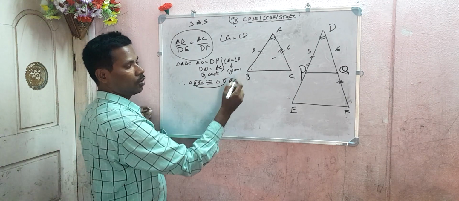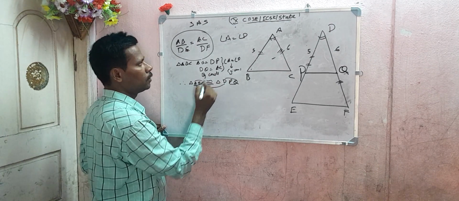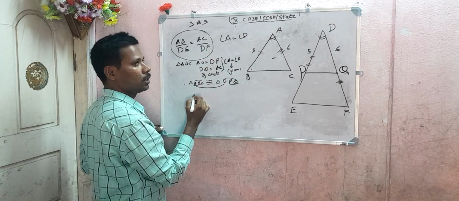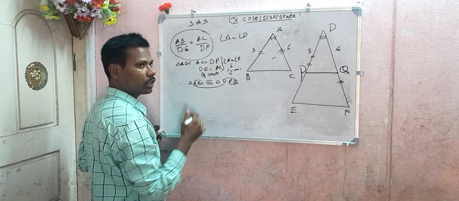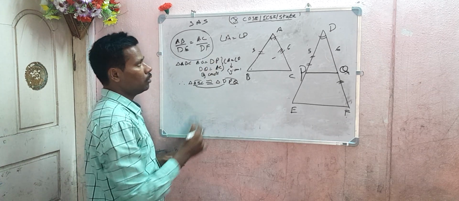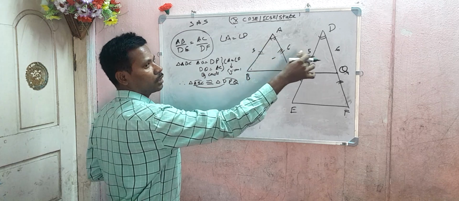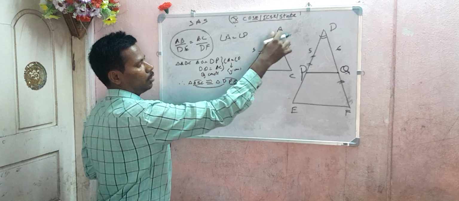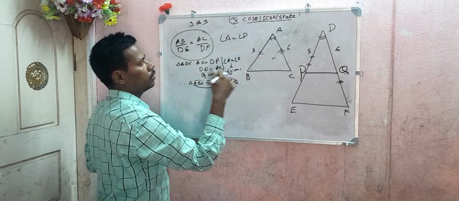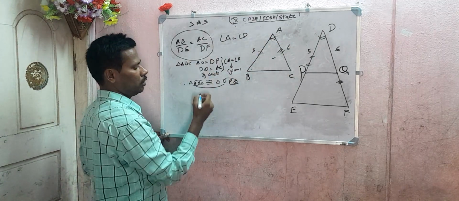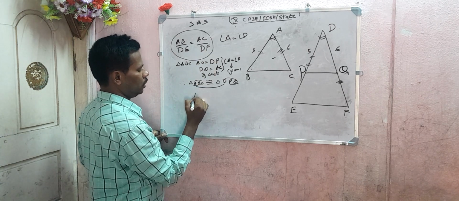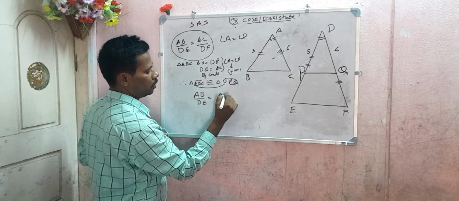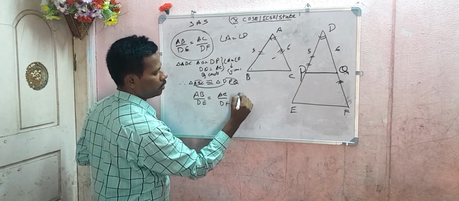Now this is over. Now take the given condition. What is the given condition? If the corresponding sides are proportional, that means AB by DE is equal to AC by DF. That is given.